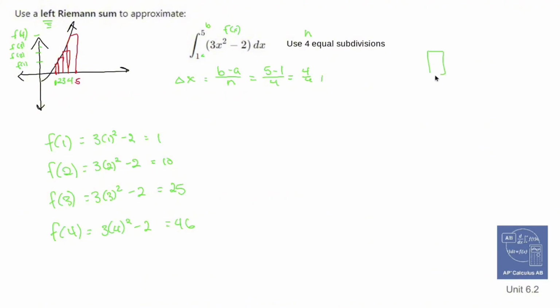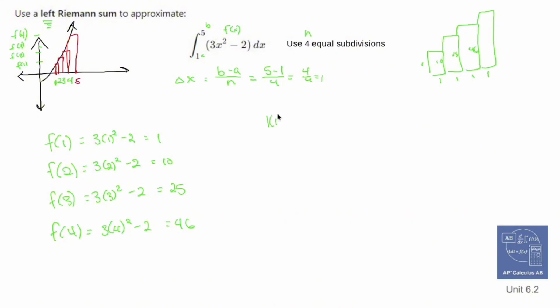So now I'm adding up all of these rectangles, knowing their heights: 1, 10, 25, and 46. How do I figure out the lengths? I know the length because I found the change in x. They're each 1. So I multiply that 1 by all of these and add them up.